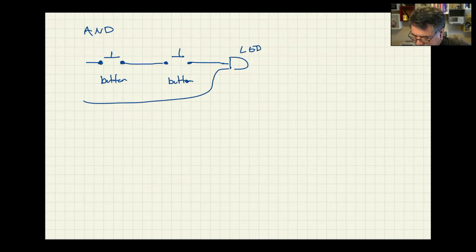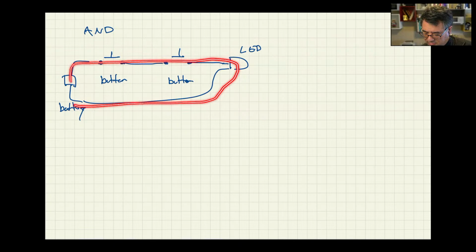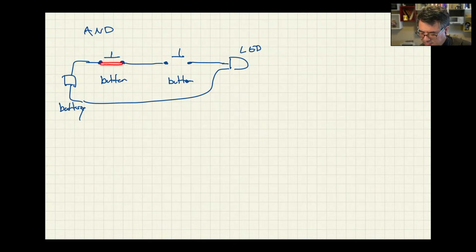And then over here on the left, I've got a battery. Okay, so the LED will light up if the electricity is able to make a complete circuit. But these buttons are not pressed, so nothing happens. And the LED will only light up if I press both of the buttons. So if I press both the buttons, this will make contact and this will make contact, and the electricity will then be able to flow through.